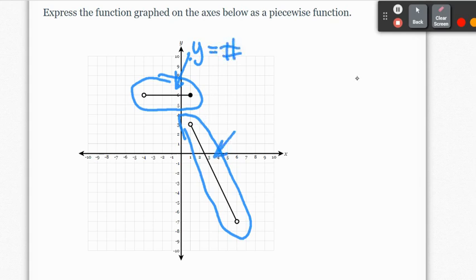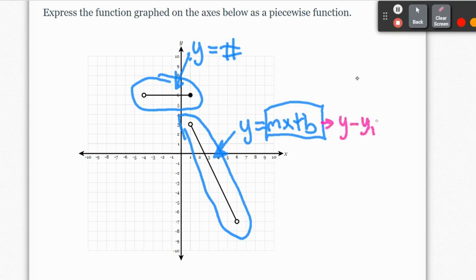If it has any sort of diagonal slope to it, it's going to be a y equals mx plus b equation of a line. Now, y equals mx plus b is slope-intercept form, which is actually not the equation I'm going to use today. I'm going to use y minus y1 equals m times x minus x1.